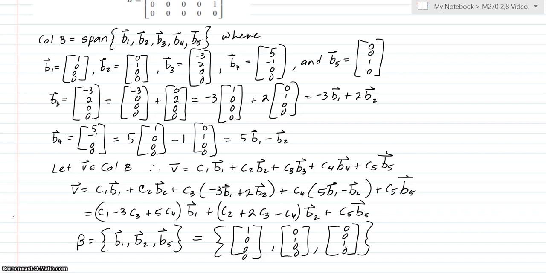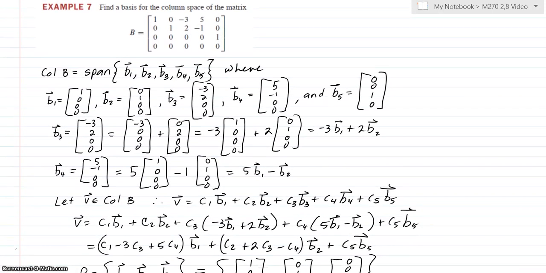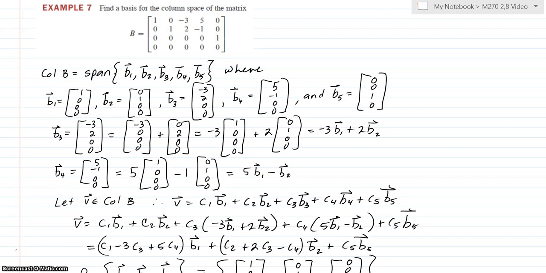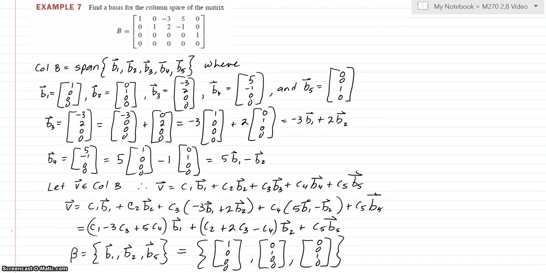We got our basis for the column space of B. Very interesting. Those were the three pivot columns.